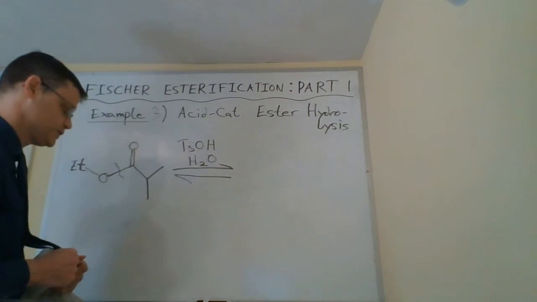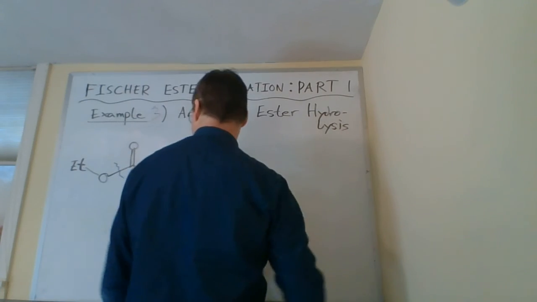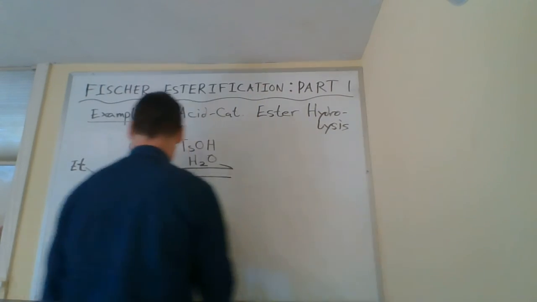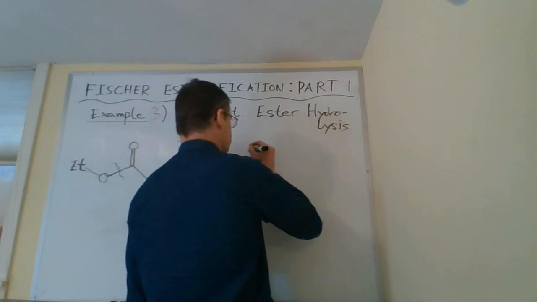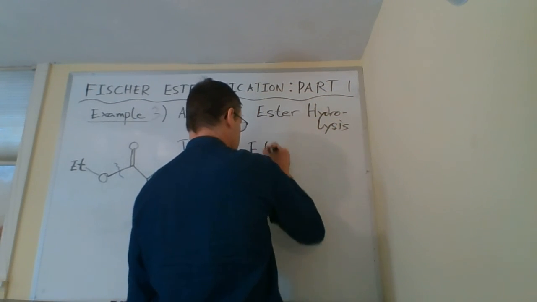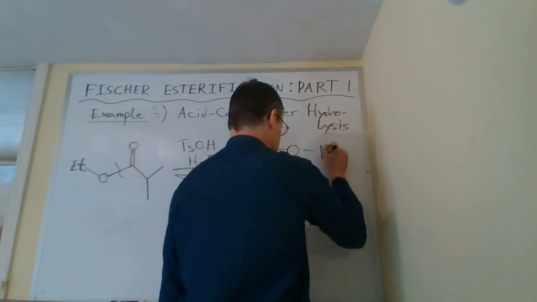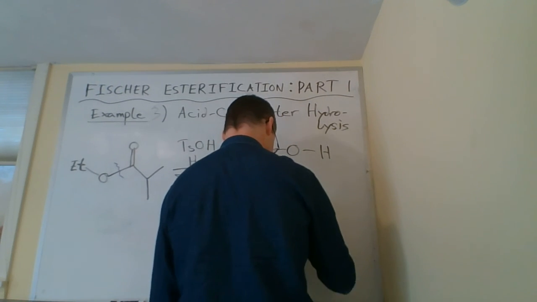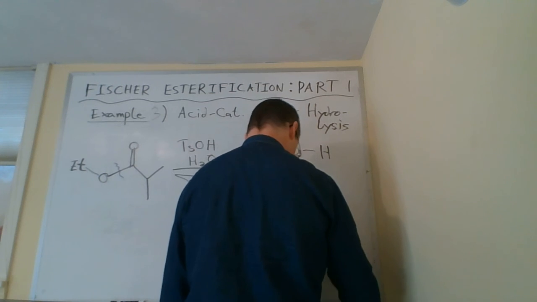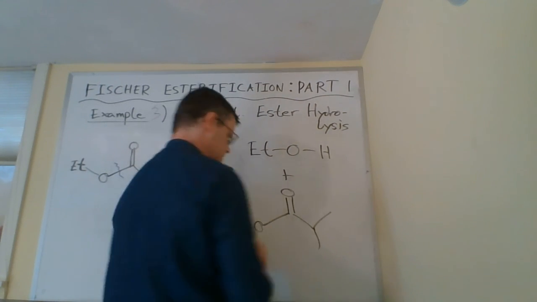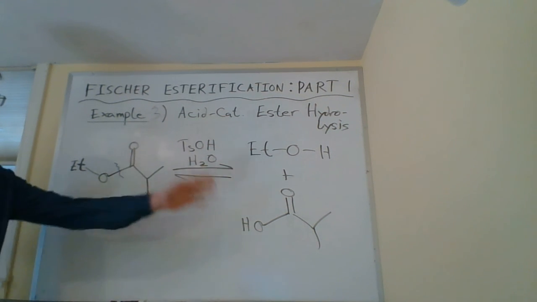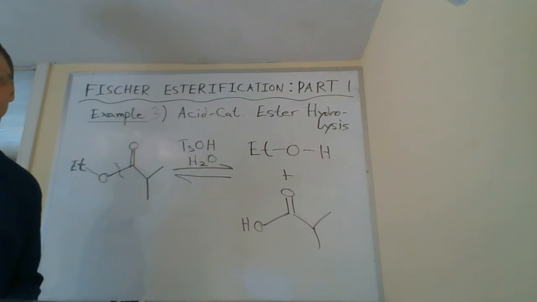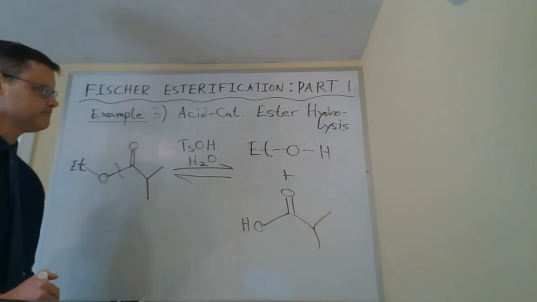I call it the ester bond. Then we're just going to add H2O basically across that. Our products are going to be the alcohol plus this carboxylic acid here. So we want to be able to go both ways. We want to be able to form the ester and also predict the products of the ester hydrolysis as well.